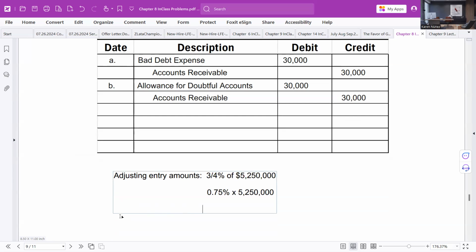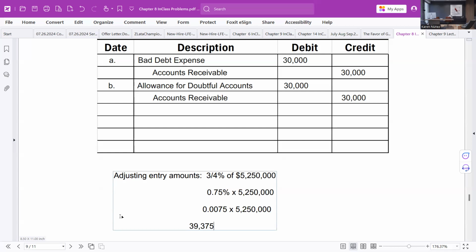So when we do that, we end up with 0.0075 times the 5,250,000. And what's that equal? Well, that equals 39,375. That's the amount of our adjusting entry.